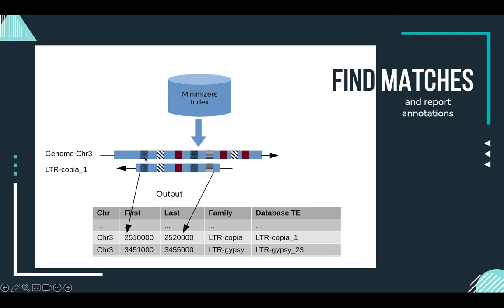And so we are going to define a match or an annotation using the first and the last minimizers that are part of the largest match between each of our elements and the genome. So here we report the first and last positions within the genome that we are annotating, and we are also going to assign the same family of transposable elements that we got in the library.